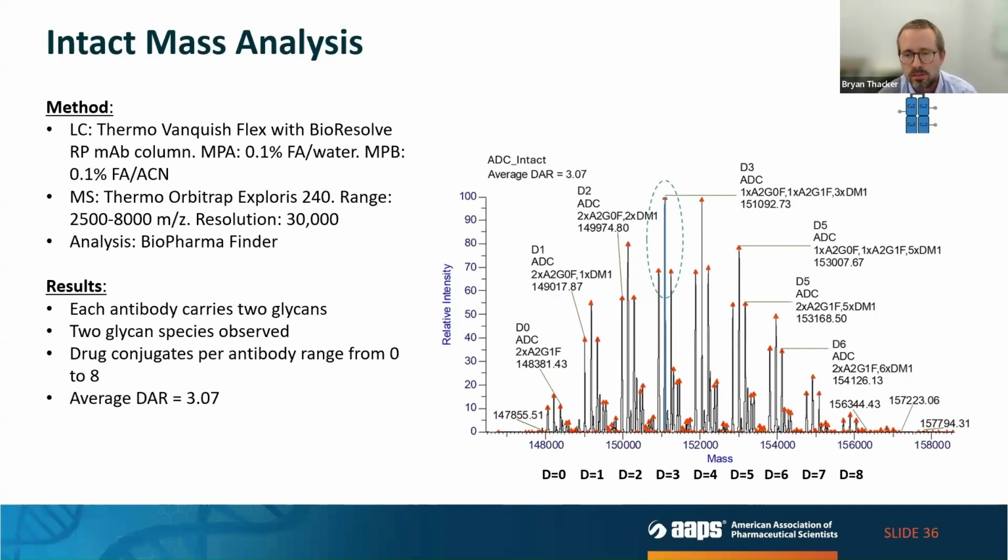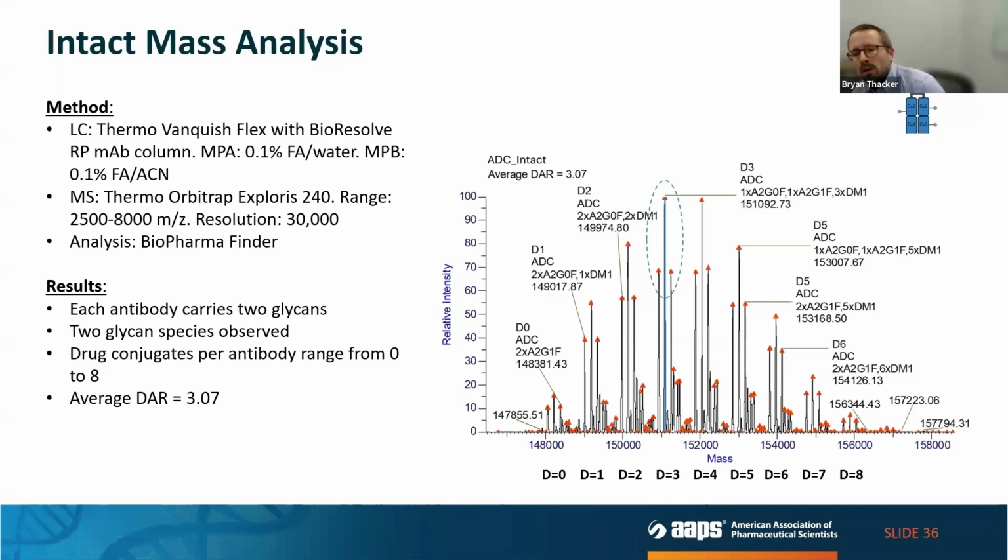Each peak that you see along the x-axis there is a discrete mass that's been identified by the mass spectrometer. And then Biopharma Finder's been able to annotate those masses and identify where they come from structurally in terms of the material that's in the sample. Each red triangle is an annotated peak, and then some of them have labels on them.